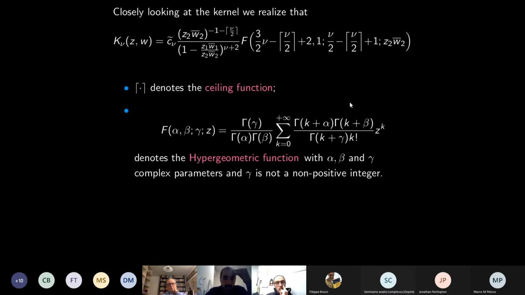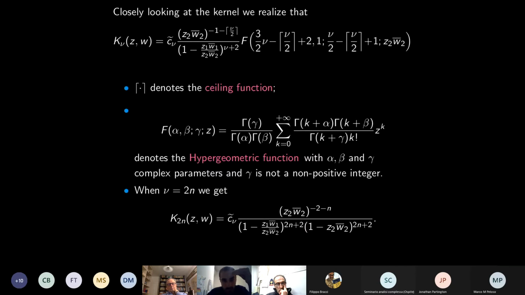Before that, I want to say the following: if, for instance, nu is an even integer, nu equal to 2n, then the hypergeometric function is equal to 1 over (1 minus z2 w2 bar) to the power 2n plus 2.